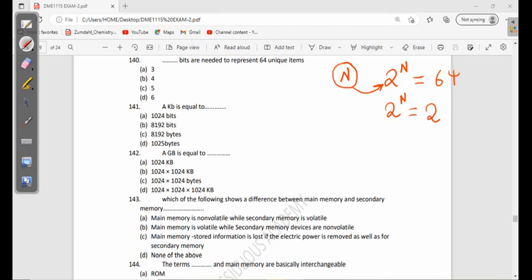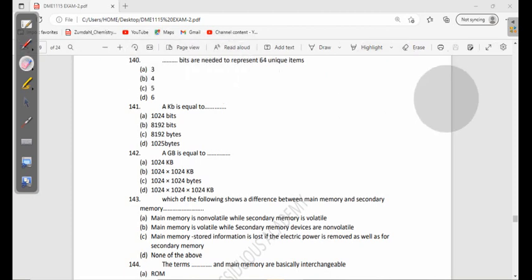141. A KB is equal to 1024 bits, 8192 bits, 8192 bytes, 1025 bytes. We need to note a KB is equal to 2 to the power 10 bytes. And this 2 to the power 10 bytes, if you compute on a calculator, gives you 1024 bytes.